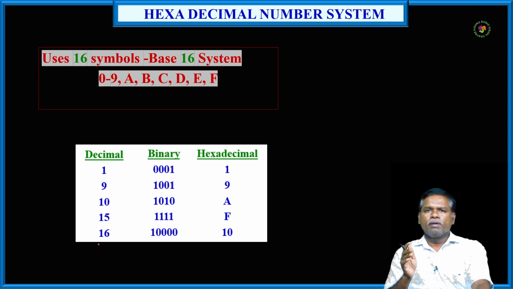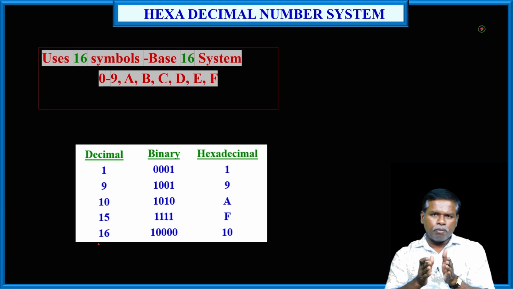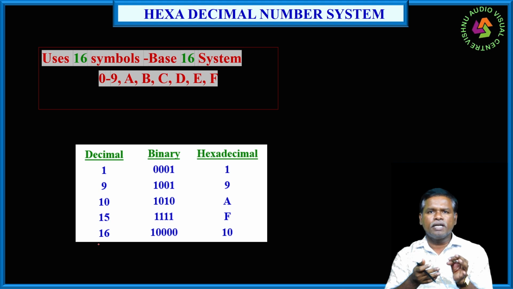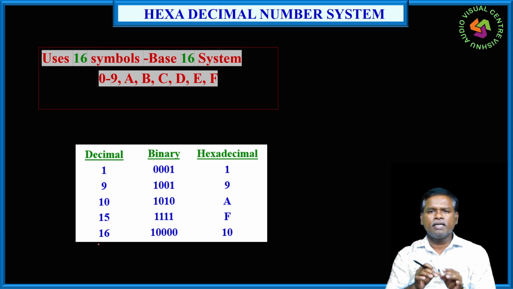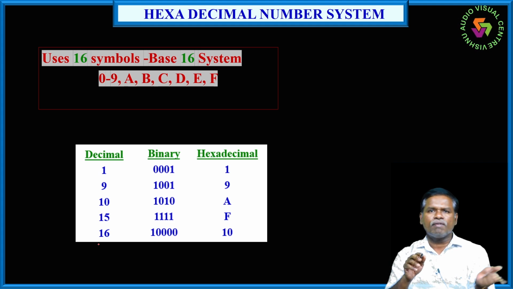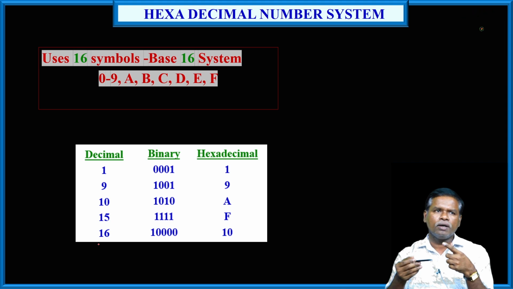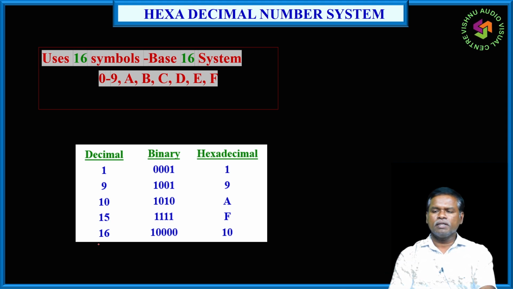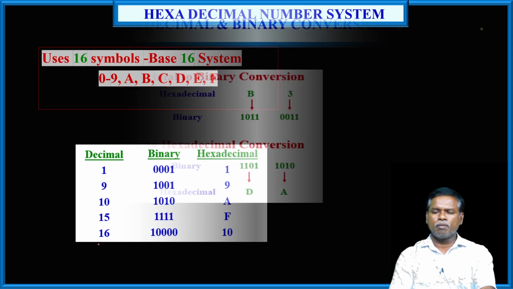So 0 to 9 are numbers, and alphabet A represents decimal 10, B represents 11, C represents 12, D represents 13, E represents 14, and F represents decimal 15. Adding 1 to F gives us 10. So this is about the hexadecimal number system.